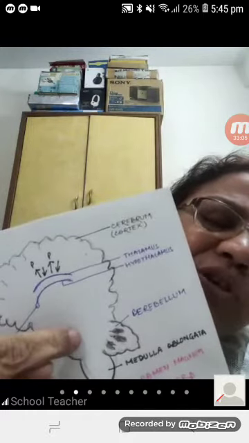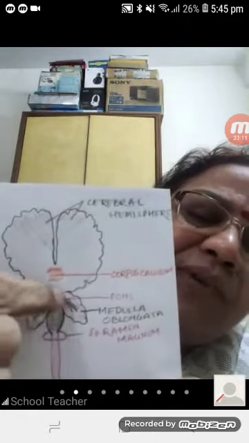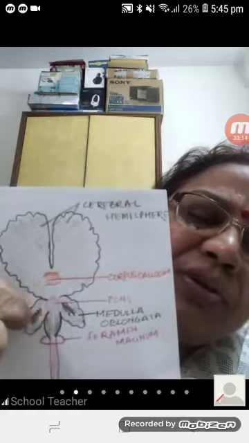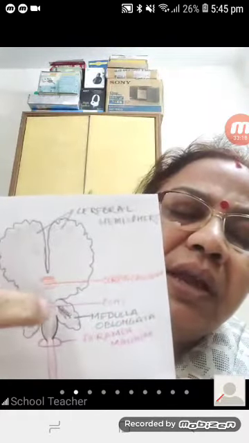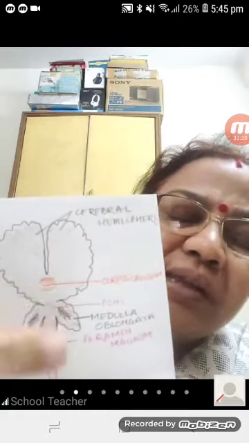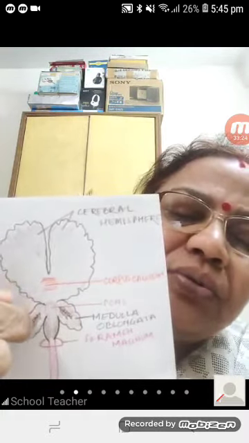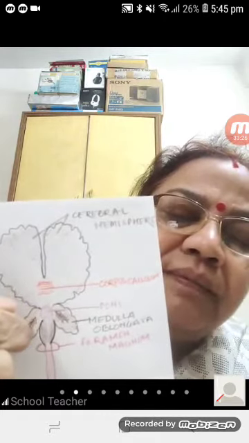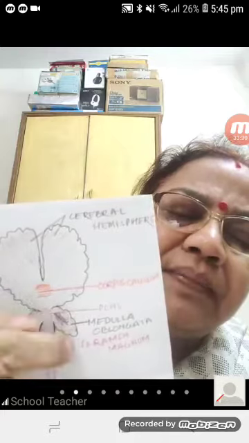Okay, the function of pons is to send the nerve impulse from one cerebellar hemisphere to the other. Okay, it transfers the nerve impulse from one cerebellar hemisphere to the other, and the position is slightly below the cerebellum.